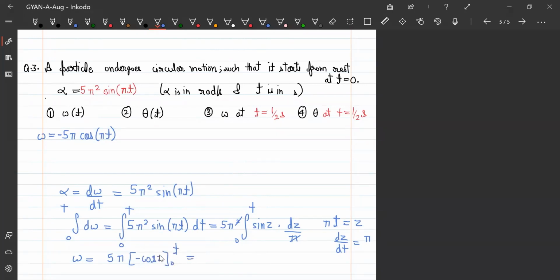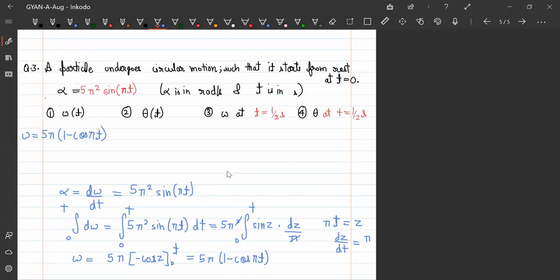So अपर लिमिट पुट करेंगे तो माइनस cos pi t आ जाएगा और लोअर लिमिट हो जाएगा 1. सो ये आ जाएगा 5 pi 1 minus cos pi t, बिकॉज cos 0 होता है 1. सो प्रॉपर इंटीग्रेशन करना है, नहीं तो फिर गलत आंसर आएगा. यहाँ पे ओमेगा इज इक्वल टू 5 pi 1 minus cos pi t. Got it?